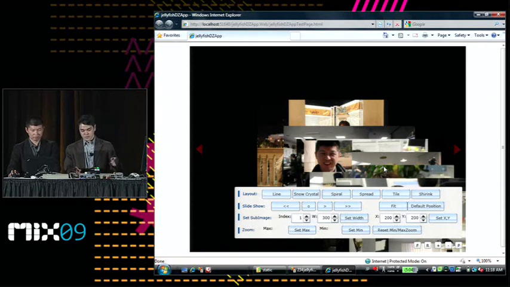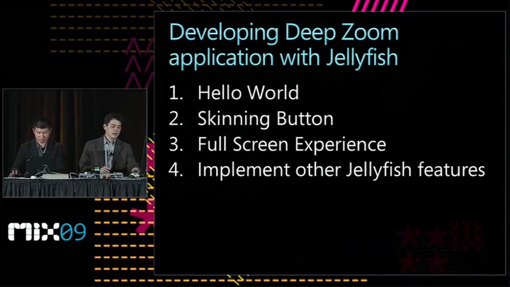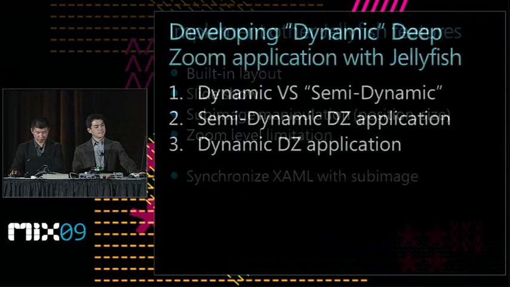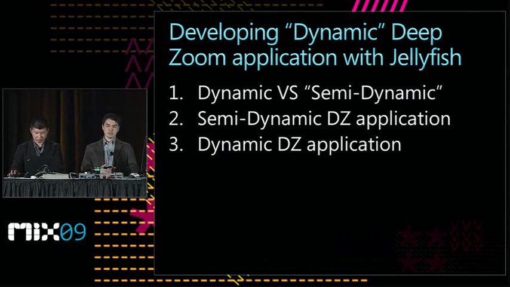Okay. So we'd like to switch back to the slides again. Okay. The second part is the dynamic one. With our Jellyfish server-side deep zoom slicer, you can use two modes.